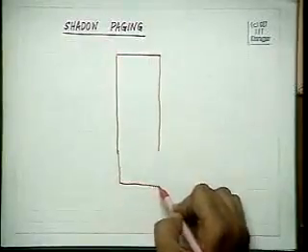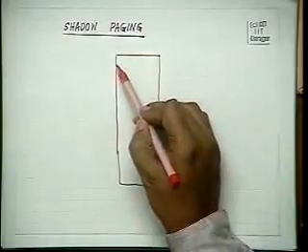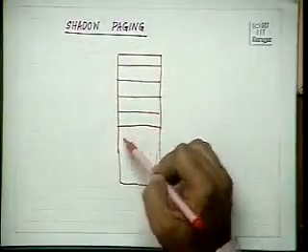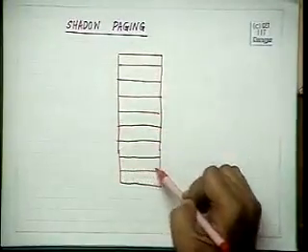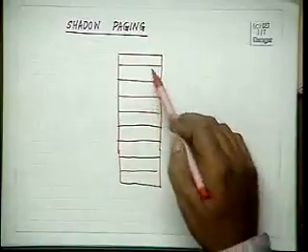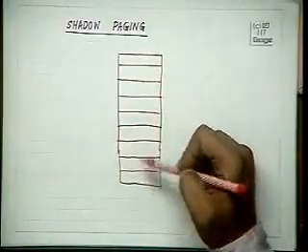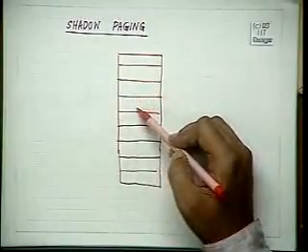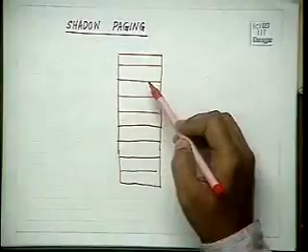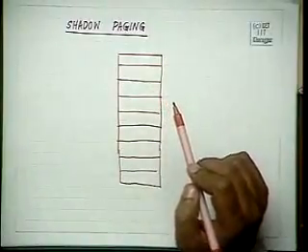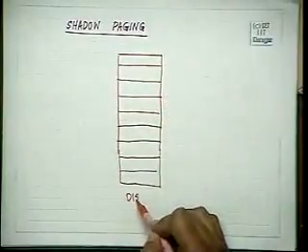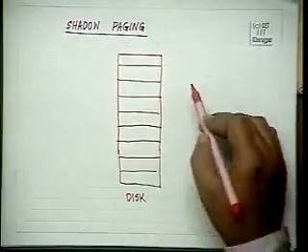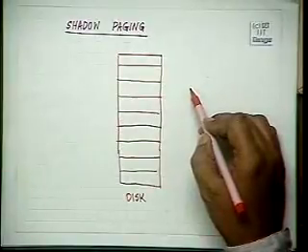suppose this is the full disk area. It is divided into blocks or pages. Now these pages may not be in consecutive locations in the disk. So in order to know, for a particular file, what are the pages in the disk, for every file you have what is called a page table.